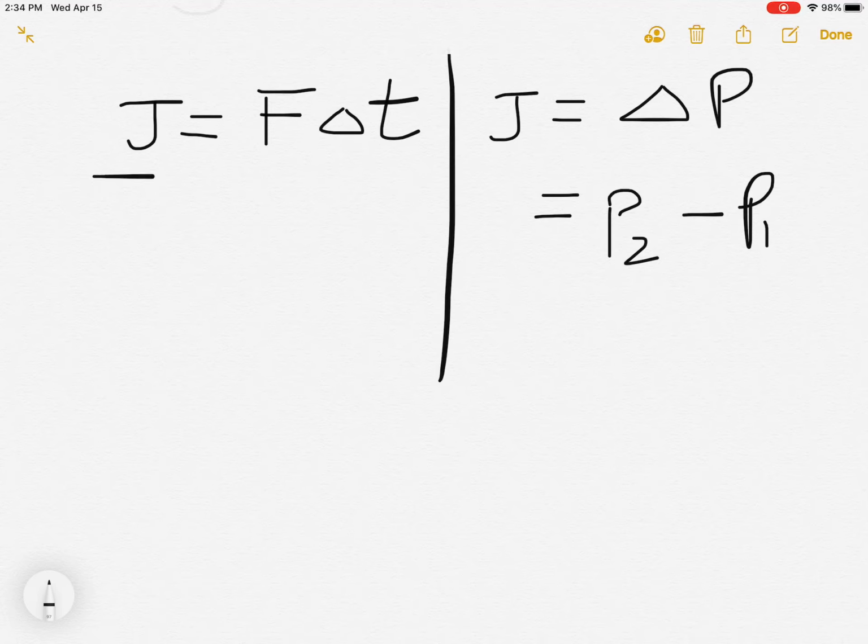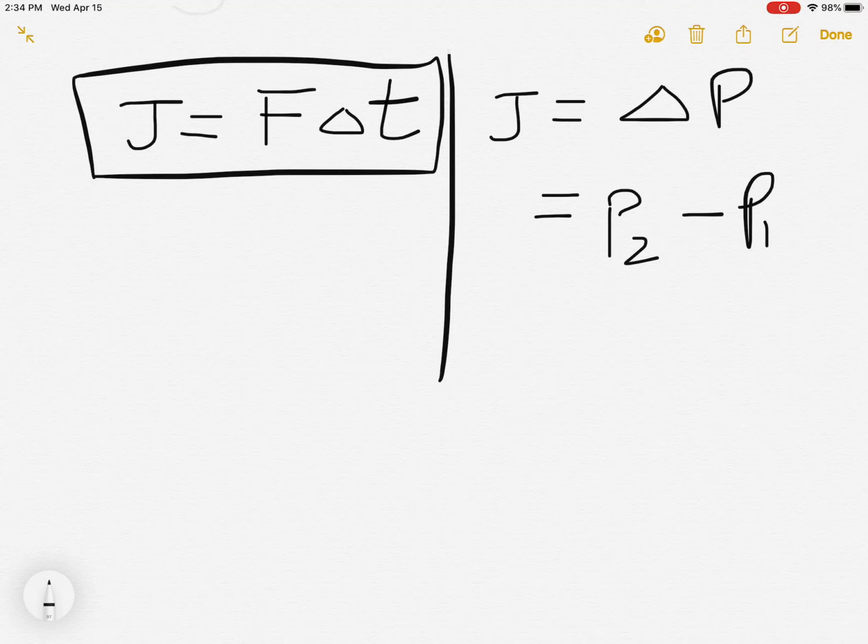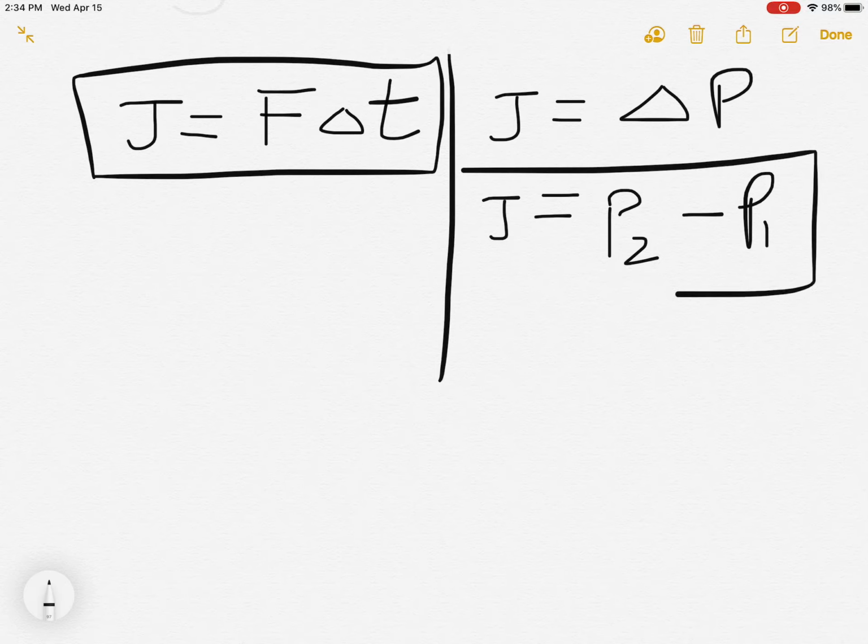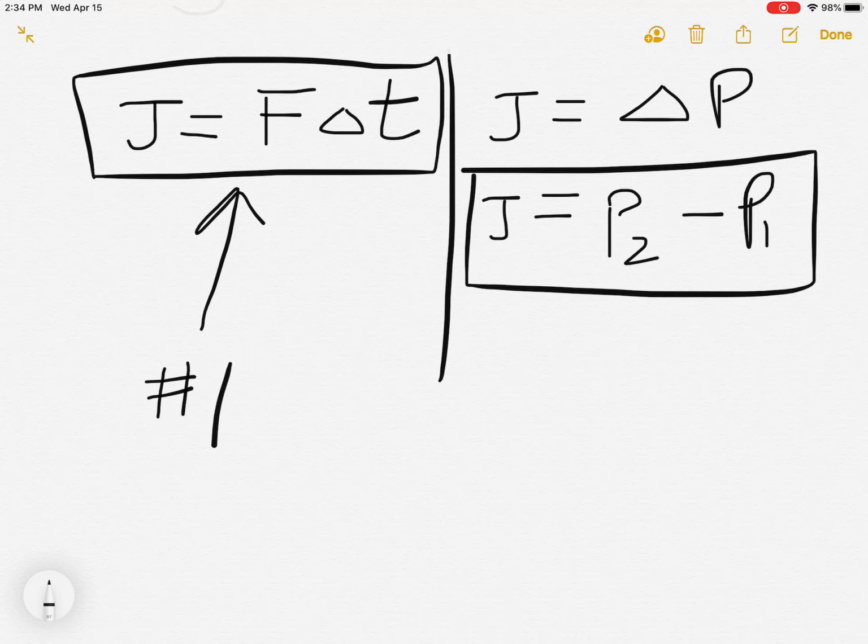So you just look at the question. If you're dealing with a question that's giving you forces and times, use this approach. But if you're dealing with a question that's giving you masses and velocities before and after, then use this approach right here. So in question 1, we're going to use this approach because we have a force and a time, and it's a plug and play.